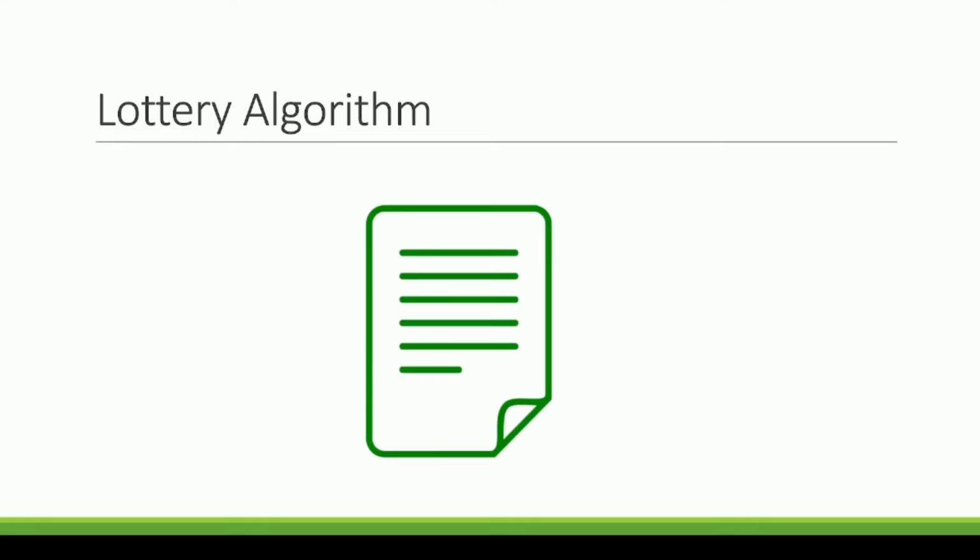Now let's talk about the algorithm of our lottery application. First of all, we are going to create a smart contract, and this smart contract will be handled by the manager. There will be a person who will deploy this smart contract, and this person will handle, or I will say control, this smart contract. Now, in order to participate in this lottery, we need some people, right?